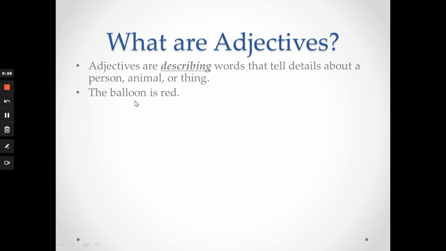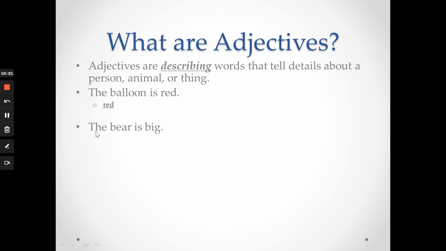Now, the naming part of the sentence is the balloon. And the describing word in the sentence is red because it is telling us what kind of balloon is in the sentence.